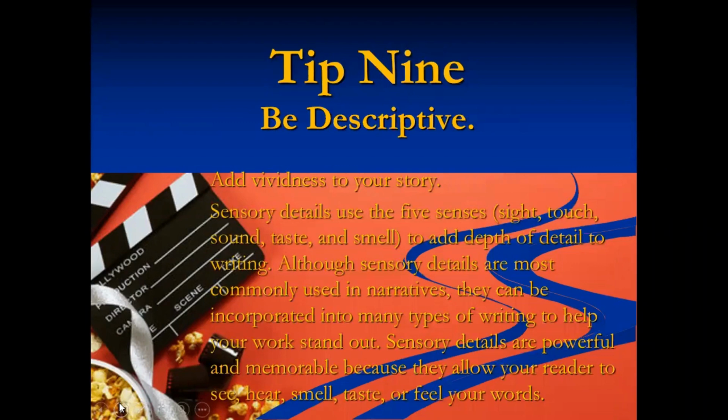Tip 9. Be descriptive. Add vividness to your story, and one way to do that is to include sensory details. And sensory details are basically those things that appeal to our five senses. They appeal to our ability to smell, hear, taste, feel, and see.